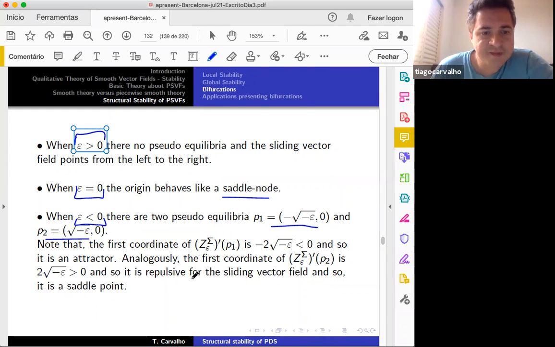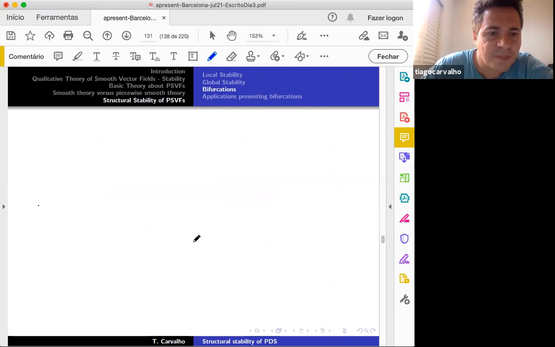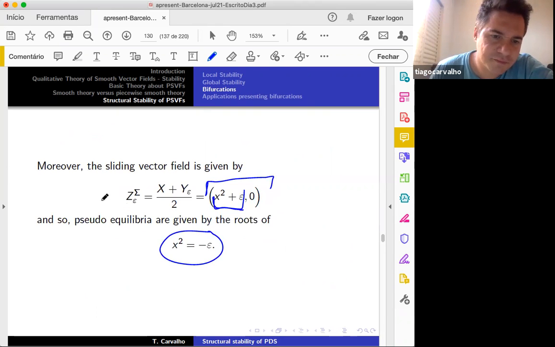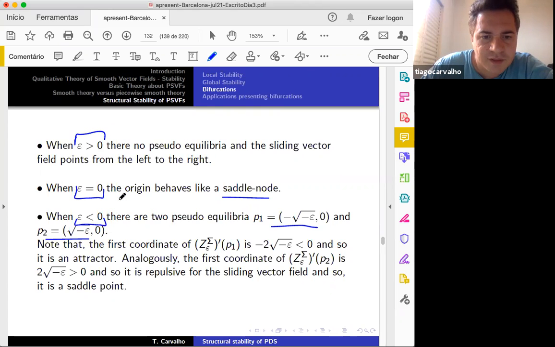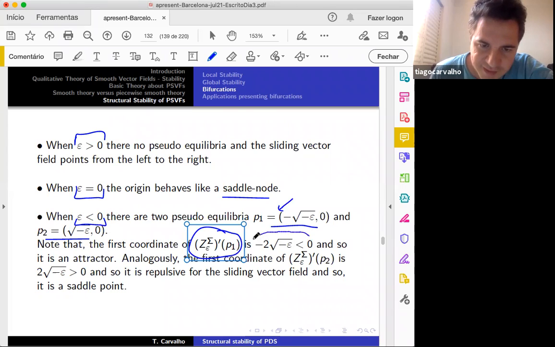Moreover, the first coordinate of the derivative of this vector field is such that when we calculate this derivative at this point P1, the first coordinate is negative.